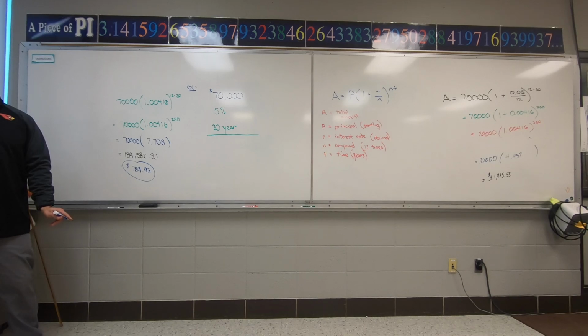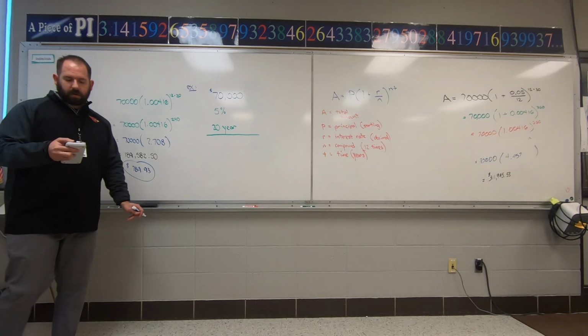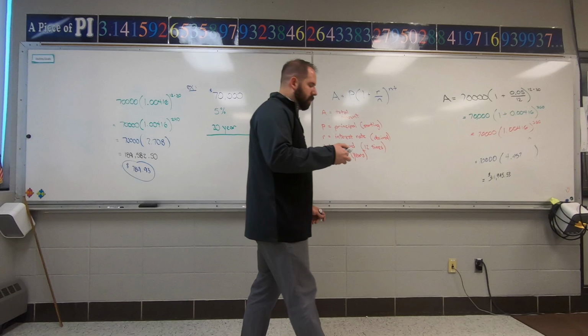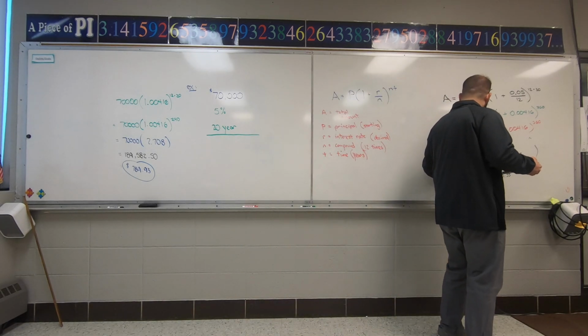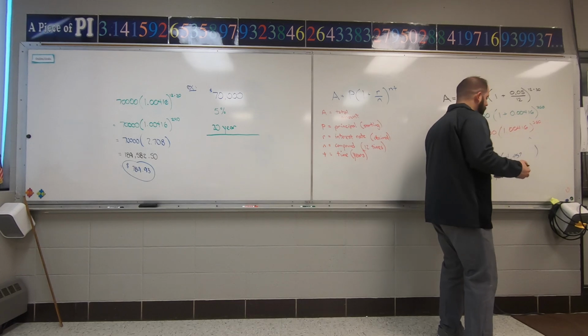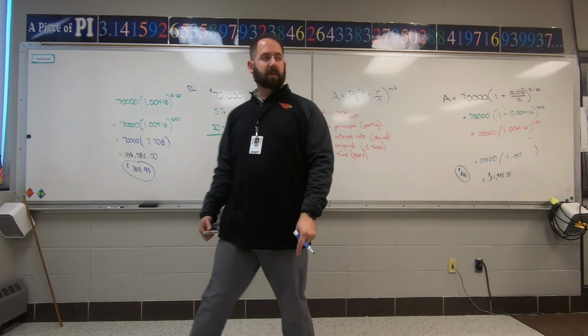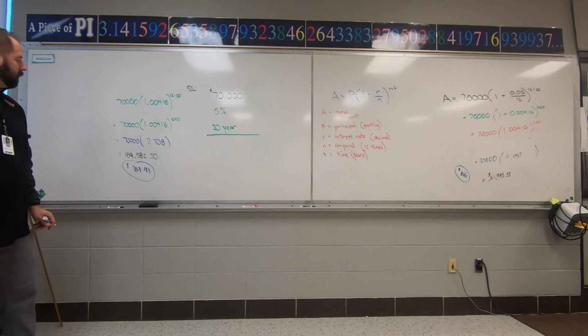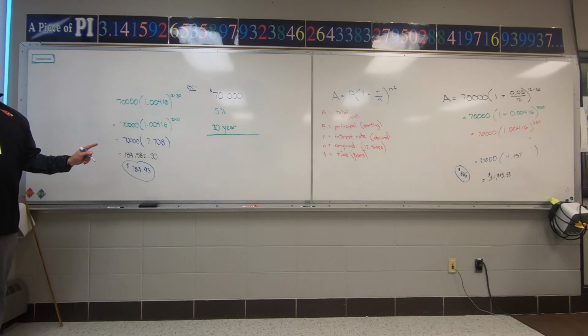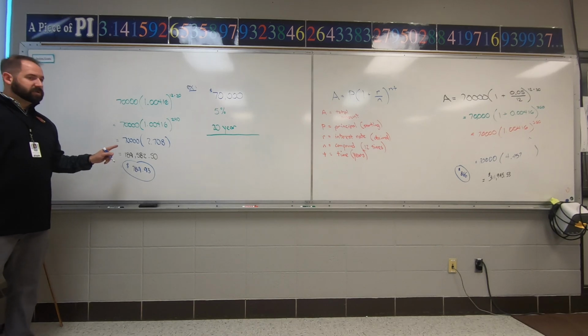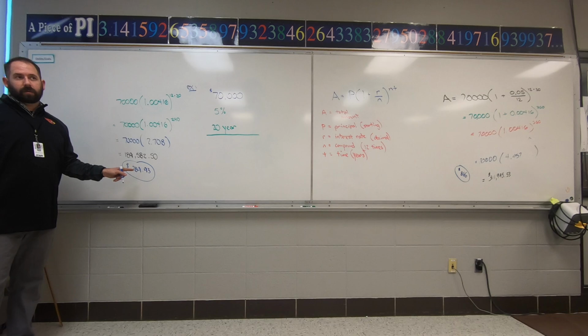Contemplate that for a second, what I just told you. Divided by 20, divided by 12. It was less money per month, and it was cheaper. I want you to wrap your head around that for 10 seconds.